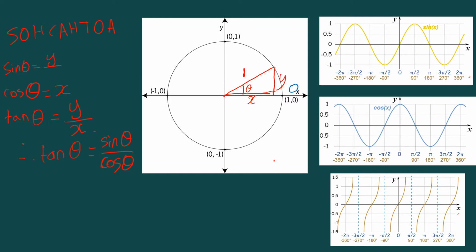Sine of 90 is going to be 1. This is 90, this is another 90, so sine of 180 is 0, and sine of 270 is going to be minus 1, and sine of 360 is back to 0.